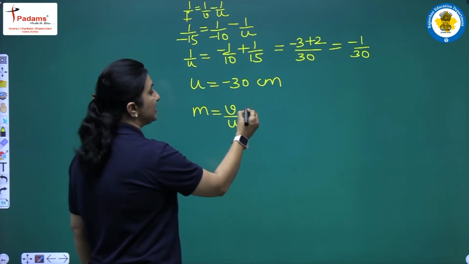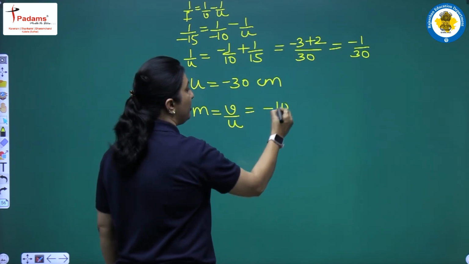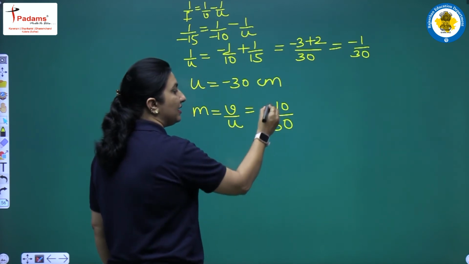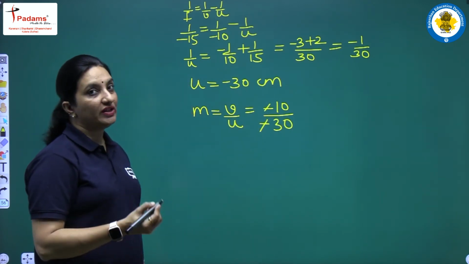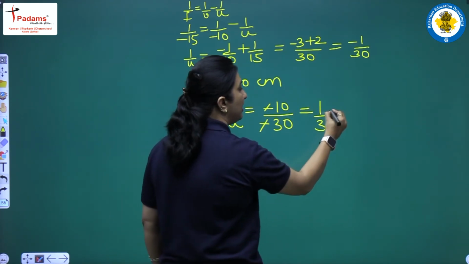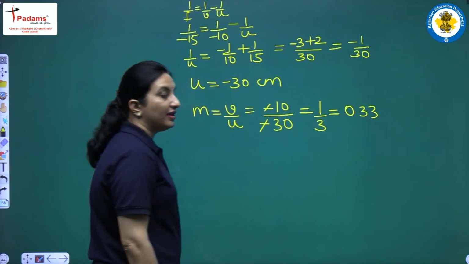So V is given as minus 10 centimeters and U we have found, and it is equal to minus 30. The negative sign will go with the negative sign, and we will be left with 1 upon 3, which comes out to be say 0.33.